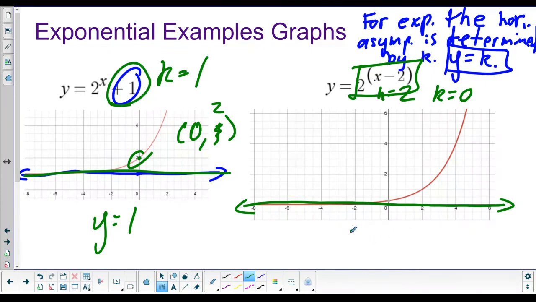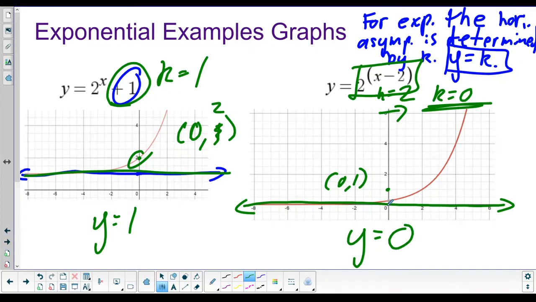The equation for that line is y equals 0, and we just get that from our k value. And then we can see we don't have our normal point at 0, 1 because we shifted this whole graph 2 to the right. So if we go over to 2, we can see our point right there. So it just got moved over, but we can still find it.